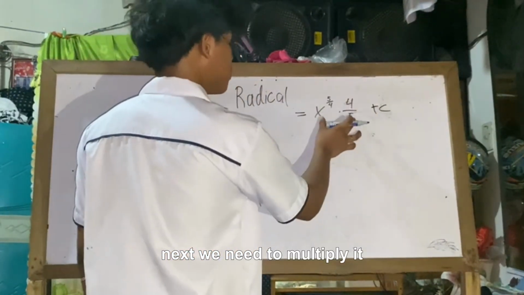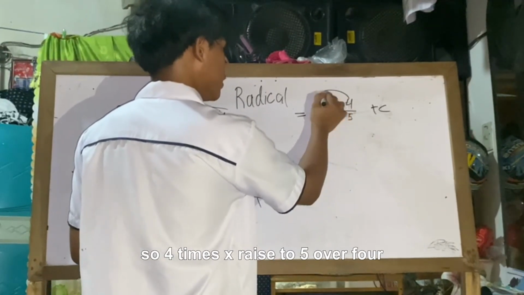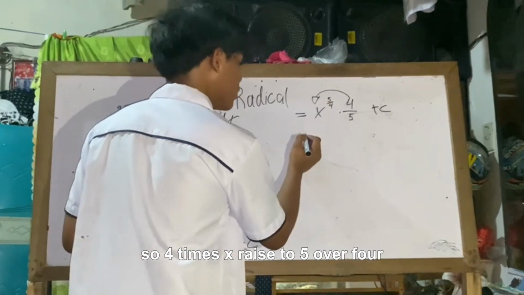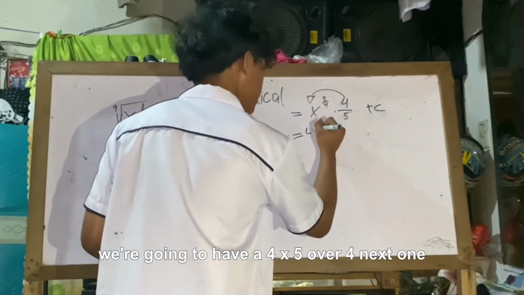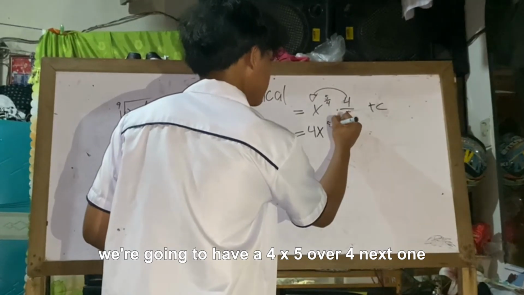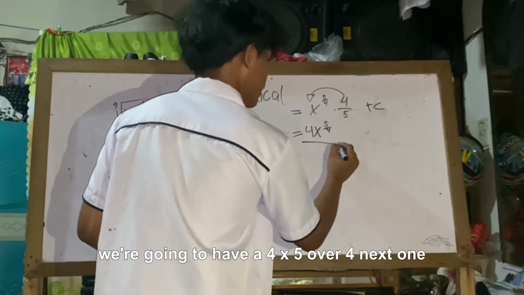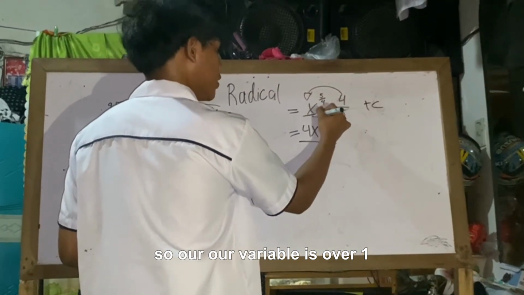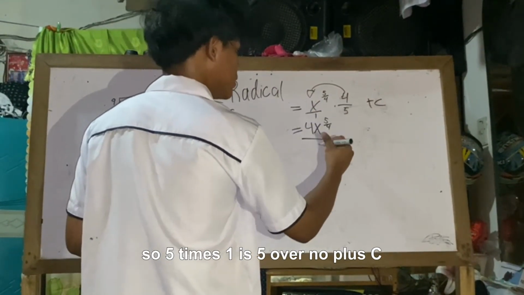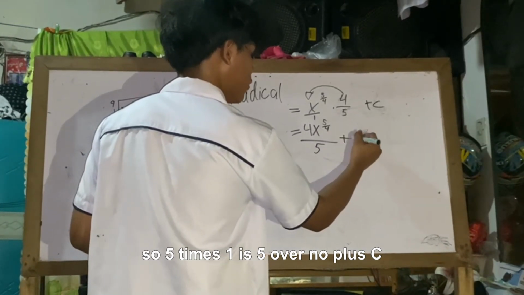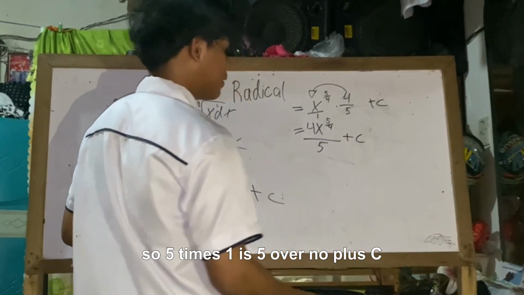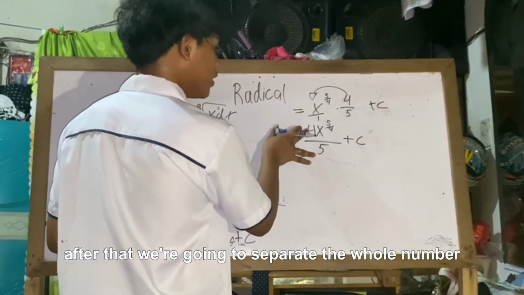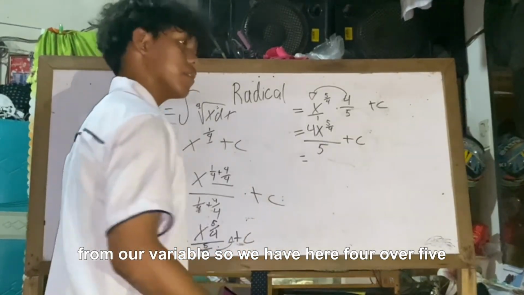Next, we need to multiply it. So 4 times x raised to 5 over 4, we're going to have 4x to the 5 over 4. Our variable is over 1, so 5 times 1 is 5, plus c. After that, we're going to separate the whole number from our variable.